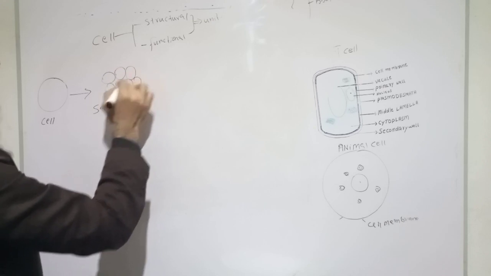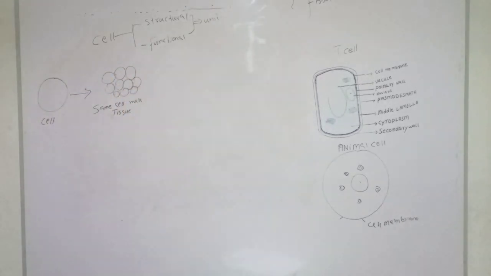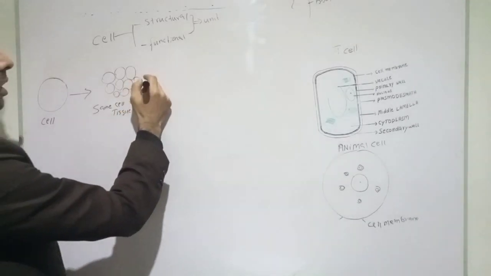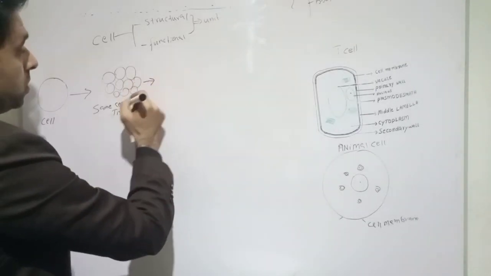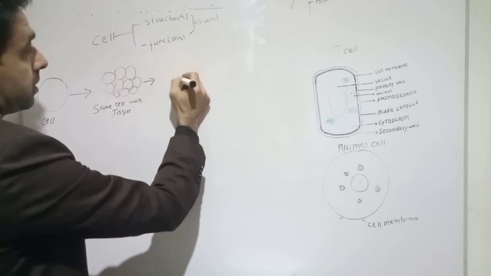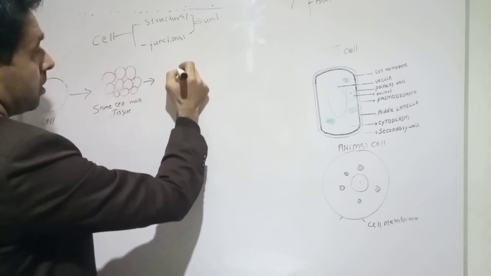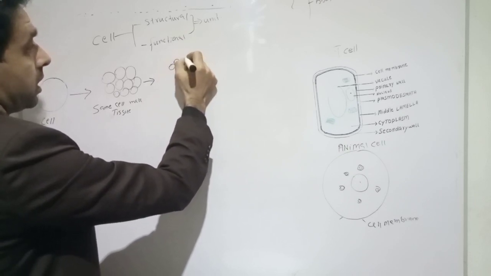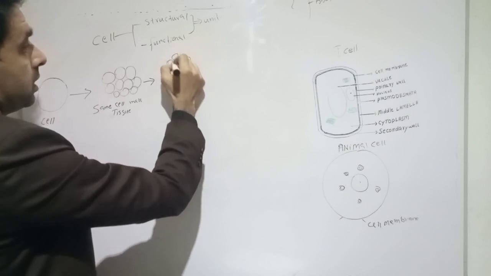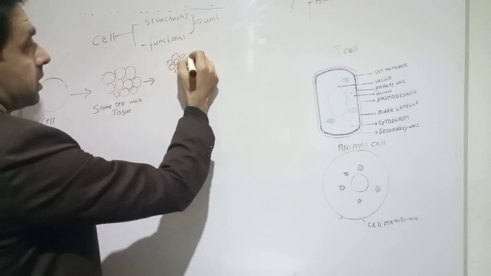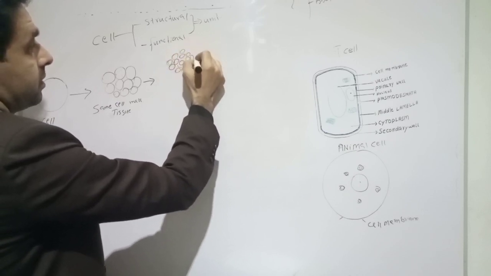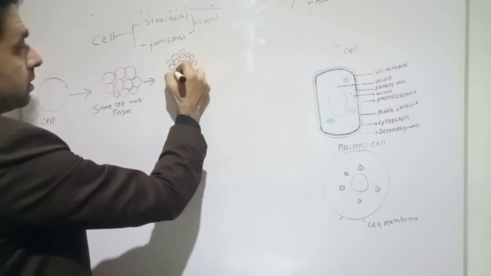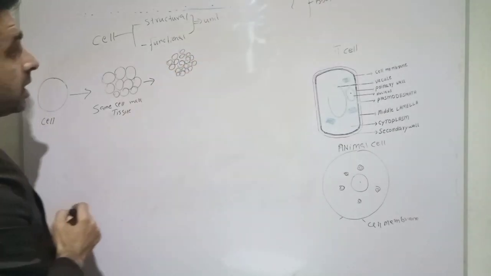You can see cells are collecting and making the tissue. Now, tissue is going to make organ. Lots of tissues collecting here. It's a very interesting game. It makes organ.